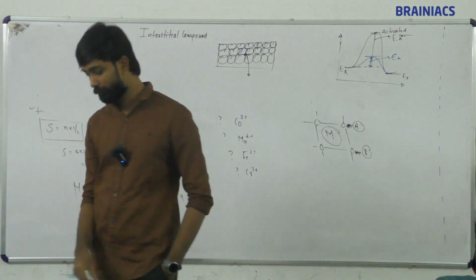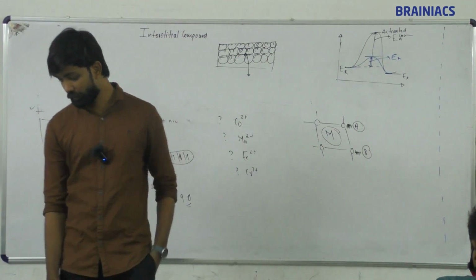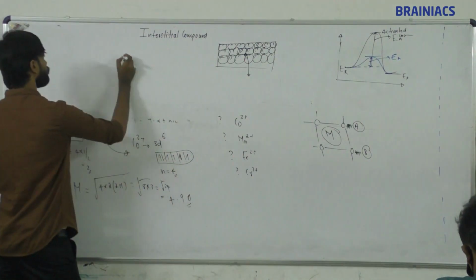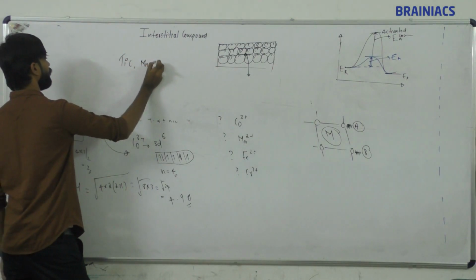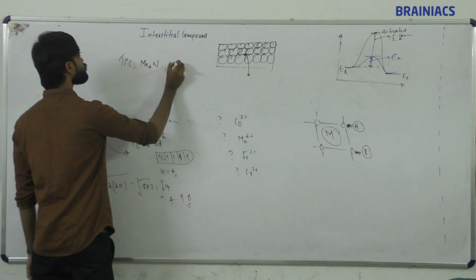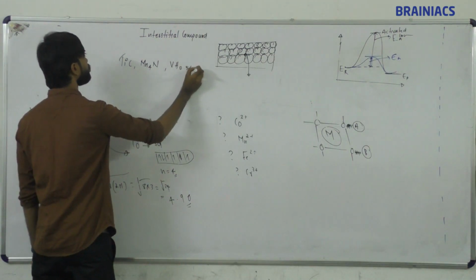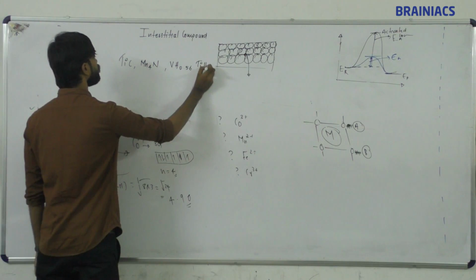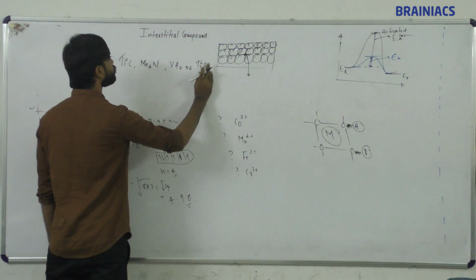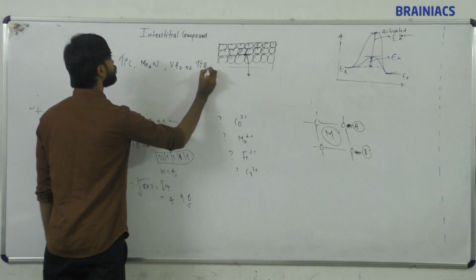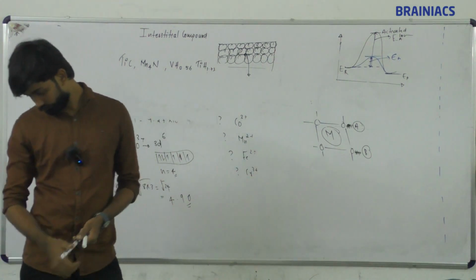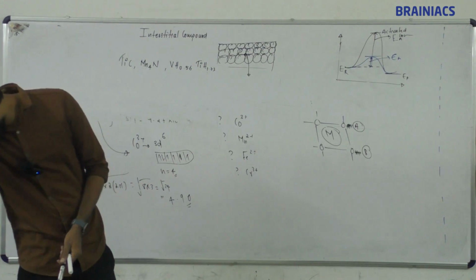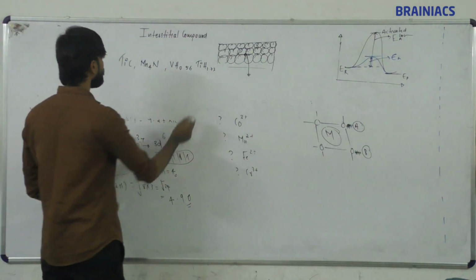Example: TiC, Mn4N, VH0.56, TiH1.73, Fe3H.